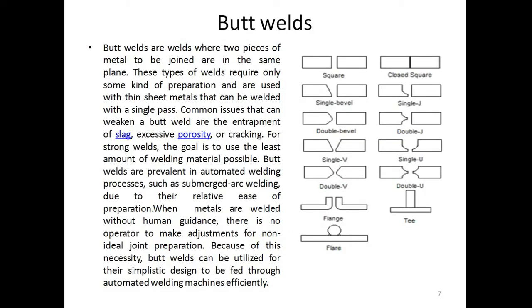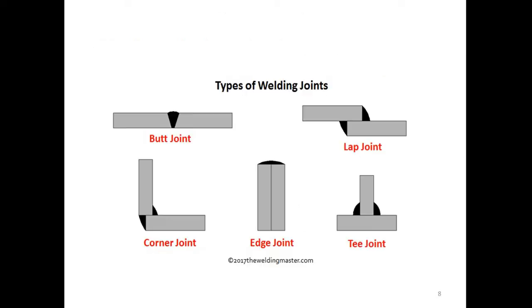Some of the types of butt joint are square, single bevel, double bevel, single V, double V, flange, flare, closed square, single J, double J, single U, double U, and T. Such types of joints come under butt weld.